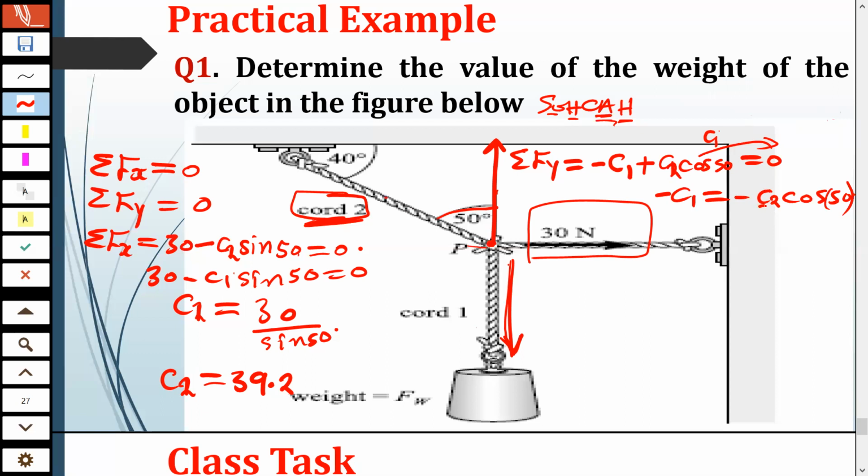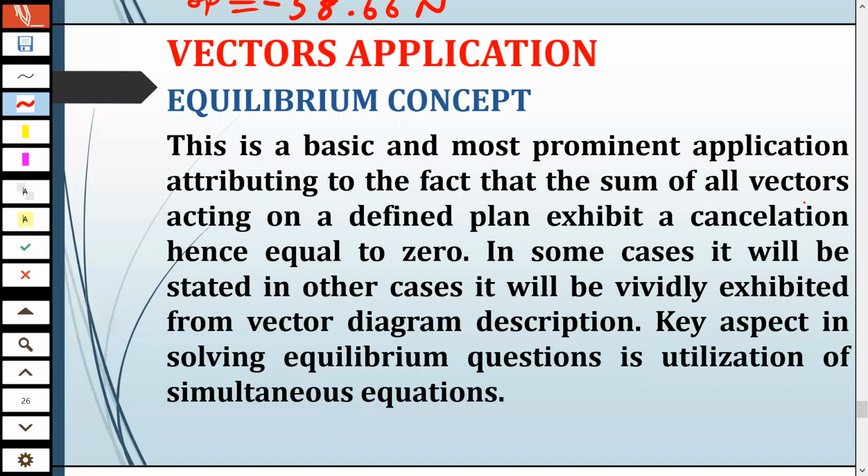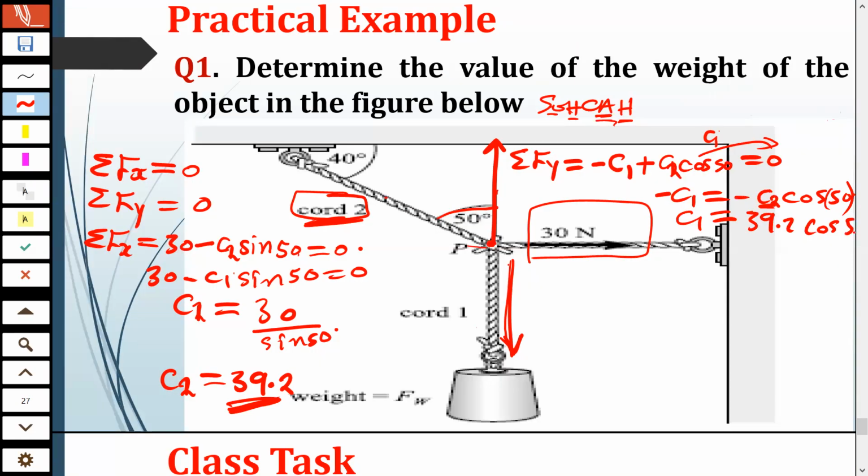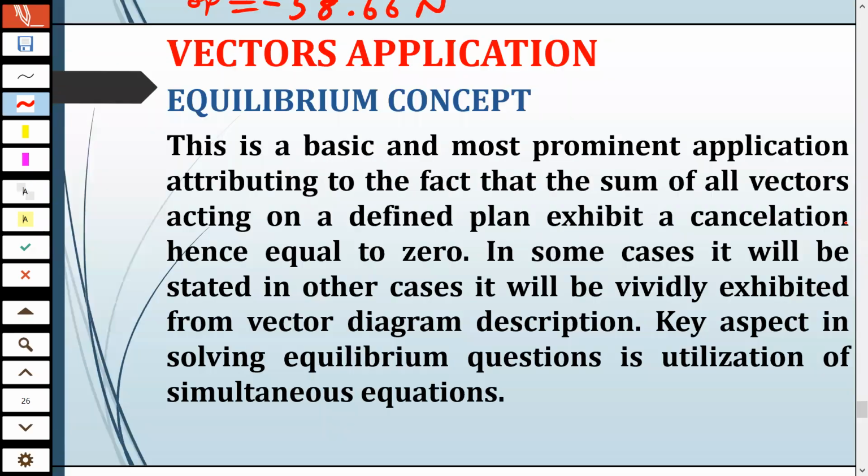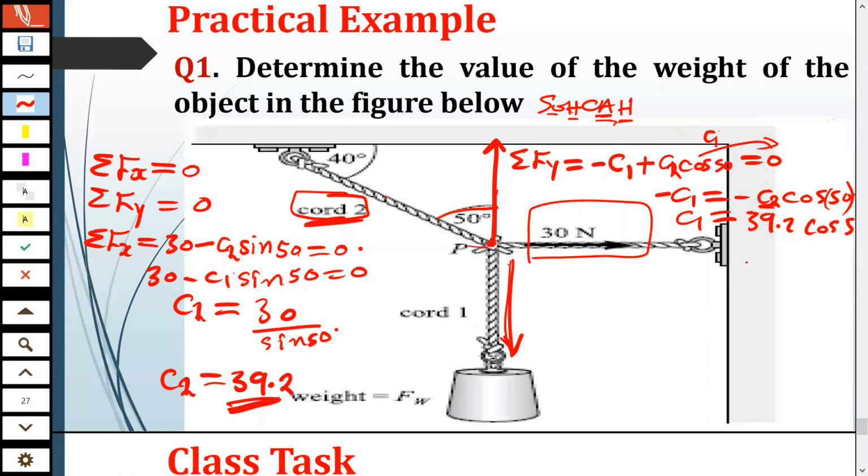So C2 has been found. If we divide by negative on both sides, C1 will be, C2 was found to be 39.2. So we write 39.2 there, then we say cos 50.